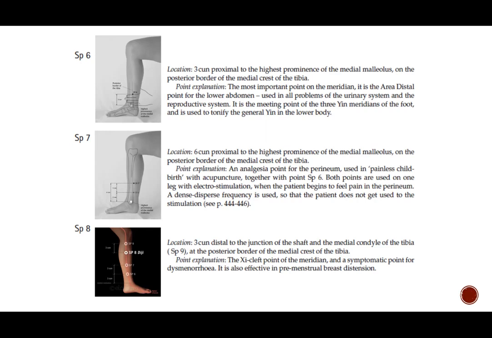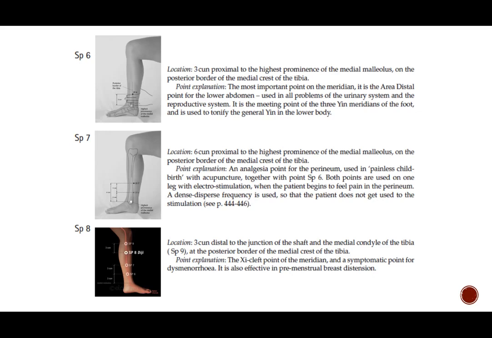Next, we have Spleen-7, which is located 6 cun proximal to the highest prominence of the medial malleolus, on the posterior border of the medial crest of the tibia. Point explanation: an analgesia point for the perineum, used in painless childbirth with acupuncture, together with the point Spleen-6.